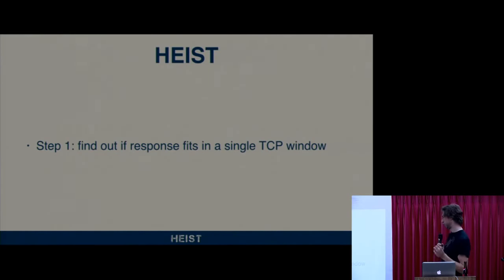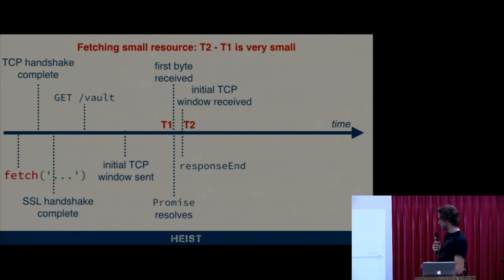And the first step to do this is to figure out whether the response fits into a single TCP window or not. So let's look at the timeline. First we have our fetch, which is triggered by the attacker. This will initiate a TCP handshake to the IP address of bunnybank.com. And then it will do the SSL handshake as well.